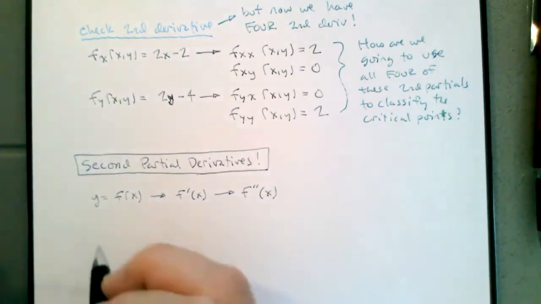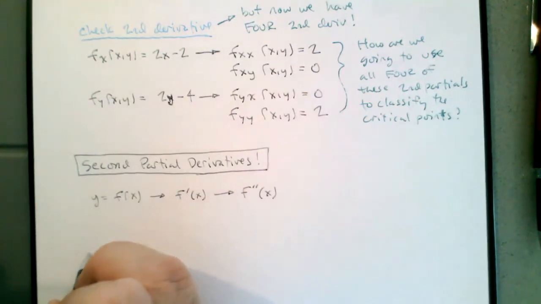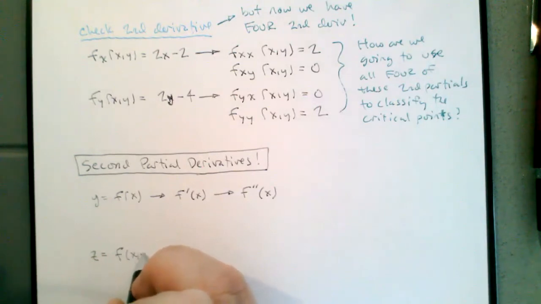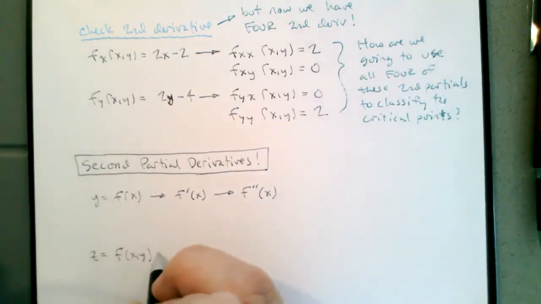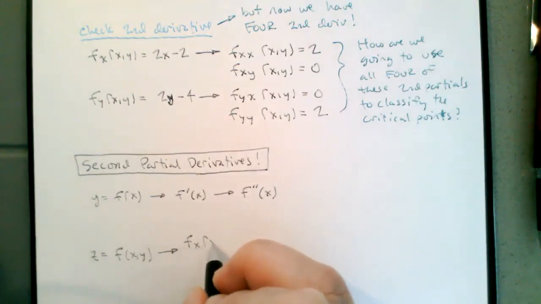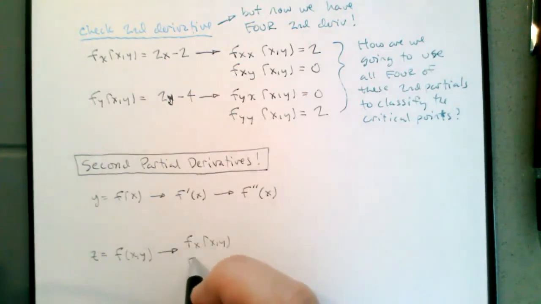But now we've got a function of 2 variables. So we're going to get 2 derivatives, fx at x,y and fy at x,y.